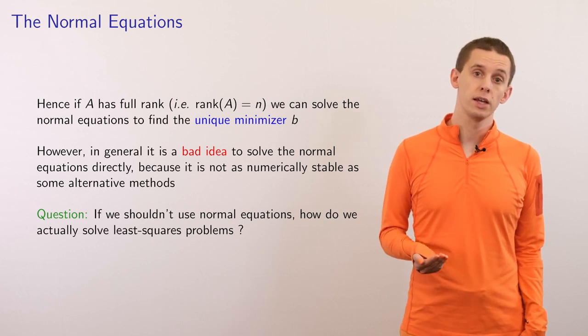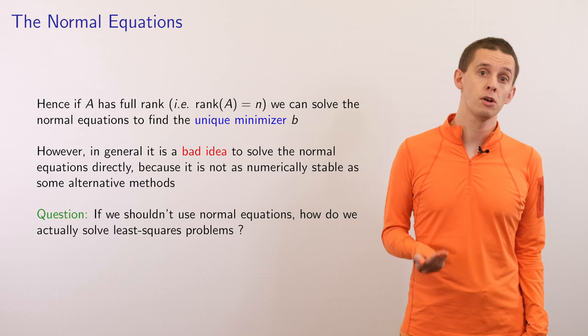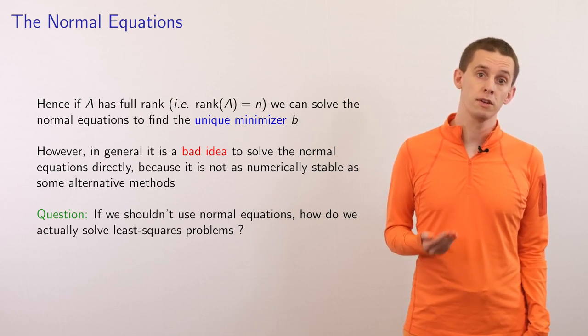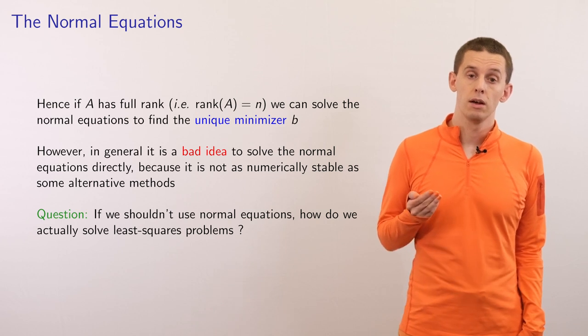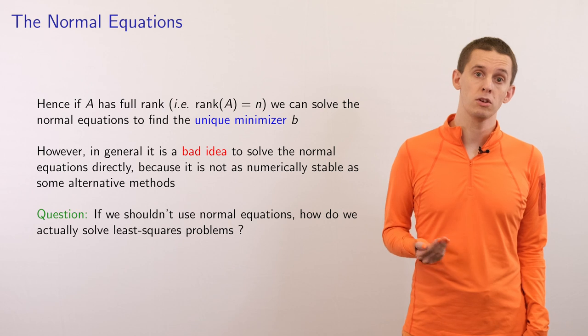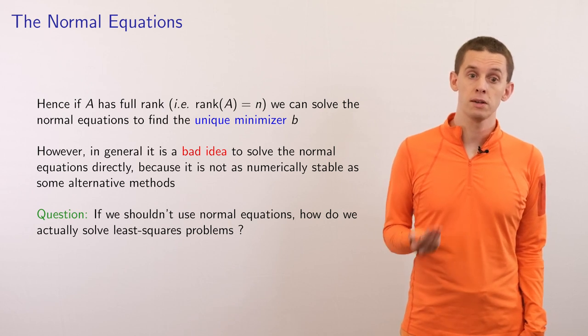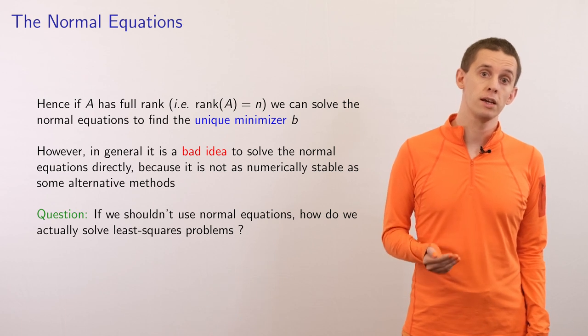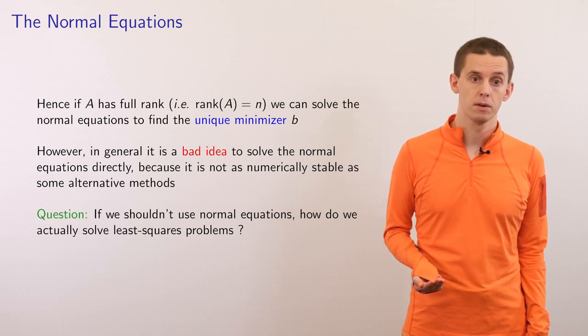However, unfortunately, it's in general a bad idea to solve the normal equations directly. The reason for this is that it's not as numerically stable as other approaches that we could take. Specifically, we find that the matrix A transpose A is typically poorly conditioned.